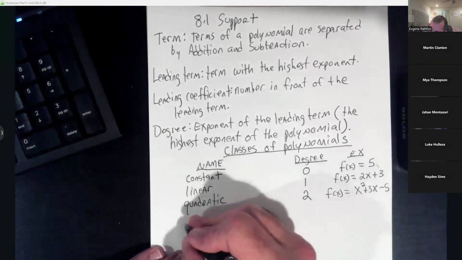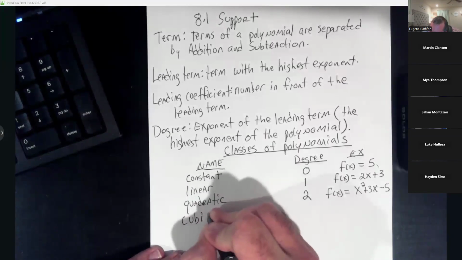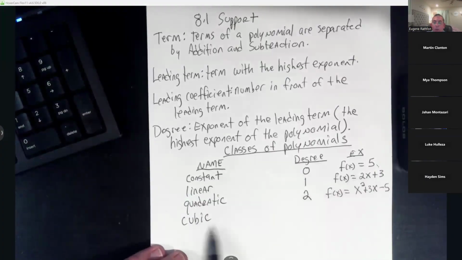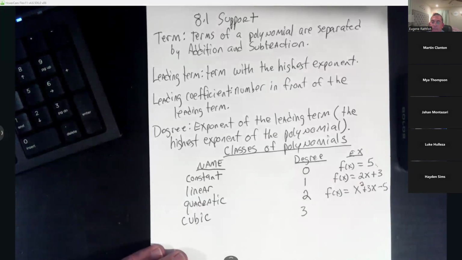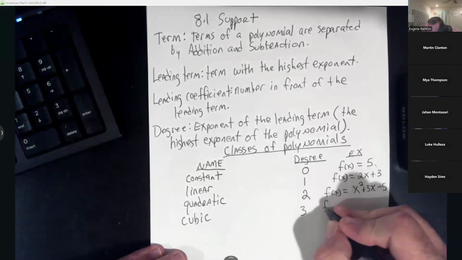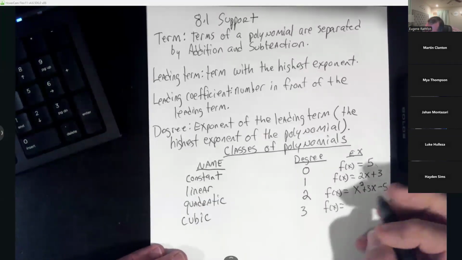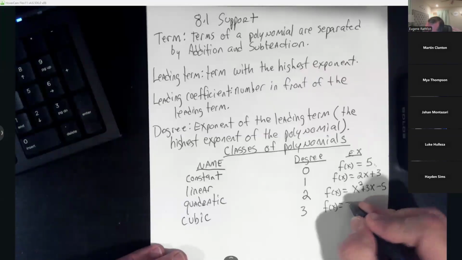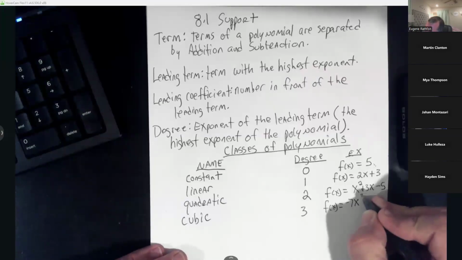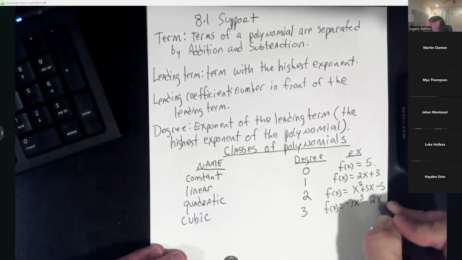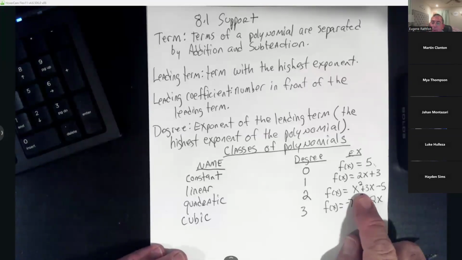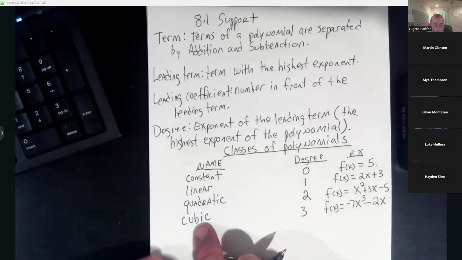All right, y'all, two more. Cubic. Well, cubics have a degree 3. An example could be f of x equals negative 7x cubed minus 2x. Highest exponent's 3. That gives me cubic.